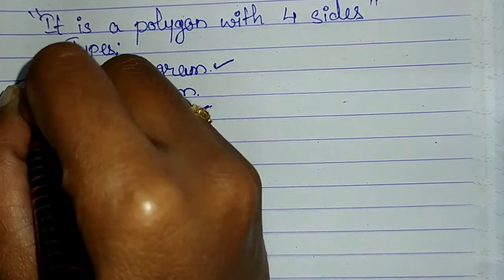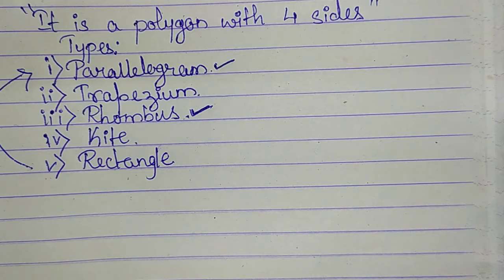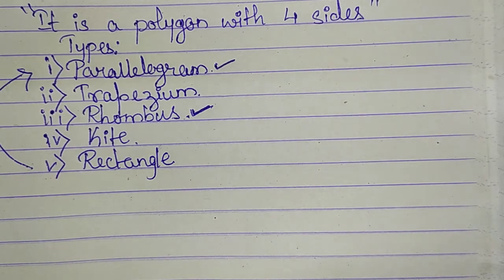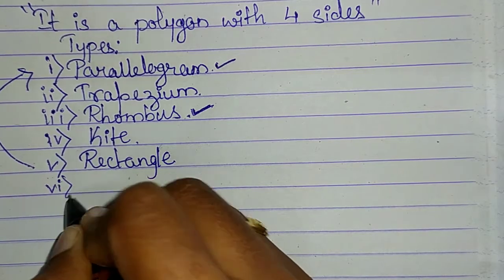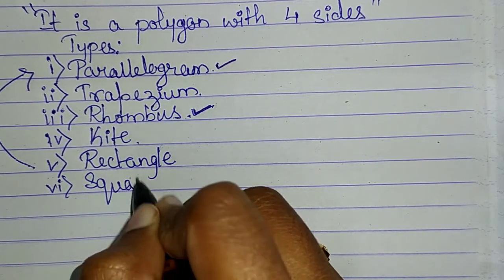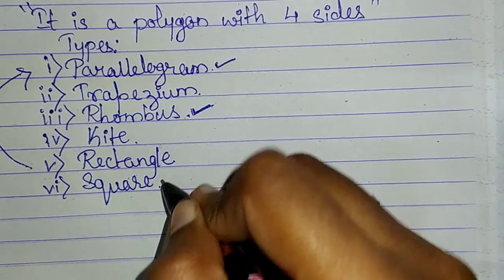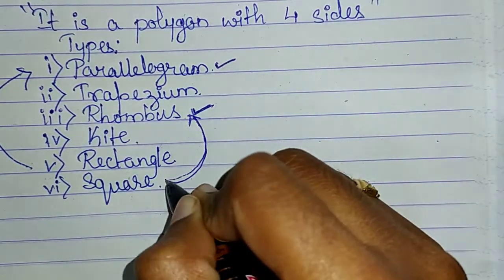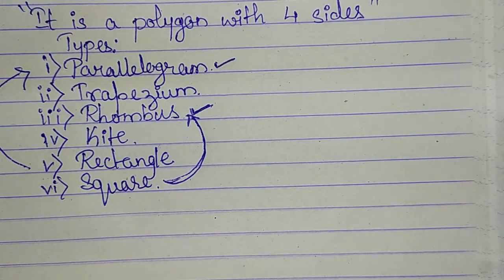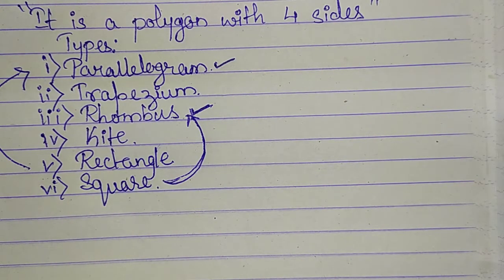A rectangle is a special case of parallelogram once again, in which one of the angles is 90 degrees. And the last one which we have is a square. The sixth type of quadrilateral is a square, and a square is a special case of rhombus in which one of the angles is 90 degrees.